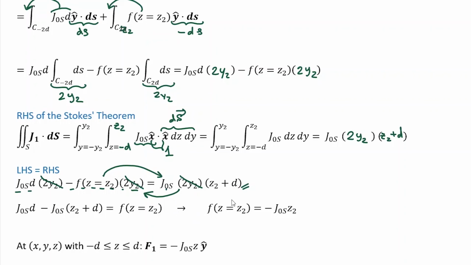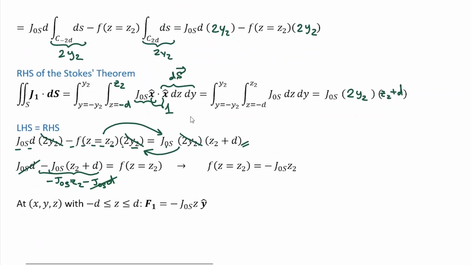Then I did the following. I expanded this as J naught S z2. Well, I'm going to include this minus, so minus, and then minus J naught S d. And this cancels. So I got this: F at z equals z2 equal to negative J naught S z2.